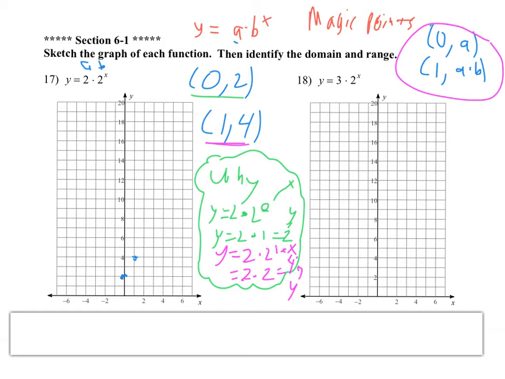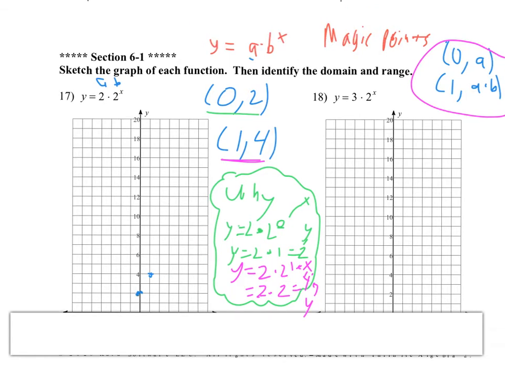Now, a really important piece of this as well, and let me give myself some space to write this. These exponential graphs all have the same kind of shape, and it's really based on whether b is greater than 1. If b is greater than 1, then that is what we call growth, and that is going to look like this.